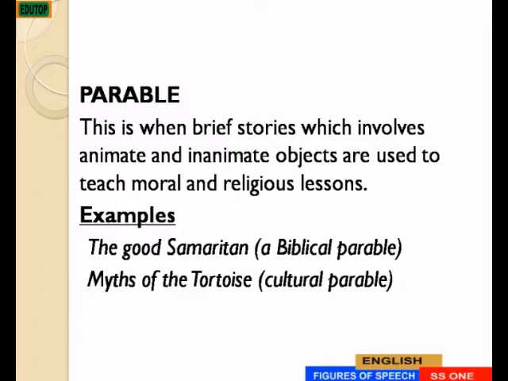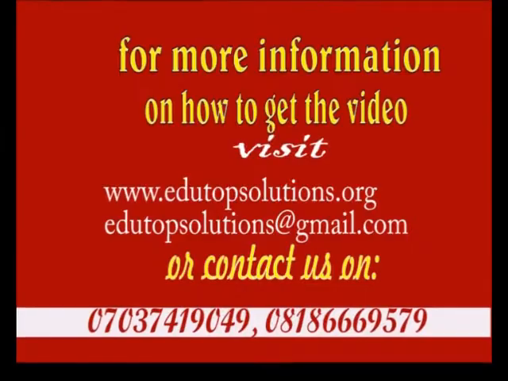So it is a parable which is derived from the Bible. Then we have the myth of the tortoise. This is a cultural parable. Virtually all cultures have the myth of the tortoise being portrayed as a wise and cunning animal. So parable talks about short stories that are meant to teach morals.